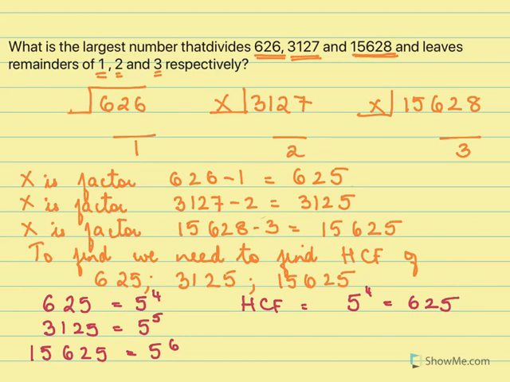If you divide 626 by 625, you will get remainder 1. If you divide 3127 by 625, you will get remainder 2. And if you divide 15628 by 625, you will get remainder 3.